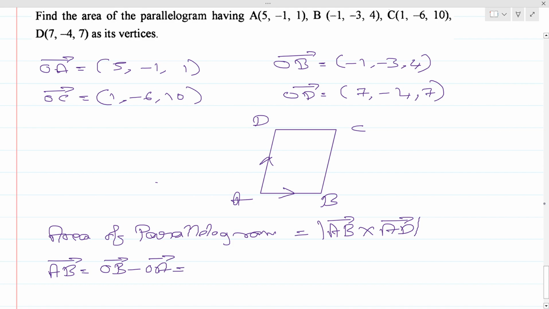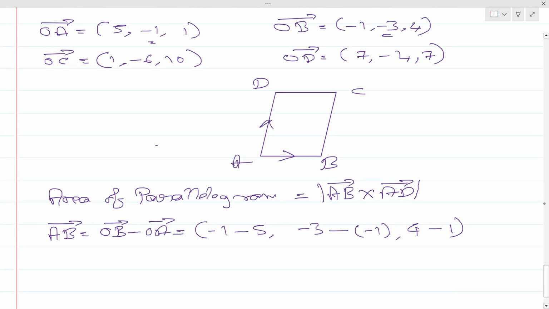In that sense, OB minus OA will be minus 1 minus 5, comma negative 3. I'm taking the coordinates between these two. Negative 3, negative of negative 1 will make it positive. Similarly, the z coordinates 4 minus 1, which is 3. So AB is minus 6, minus 2 and 3.